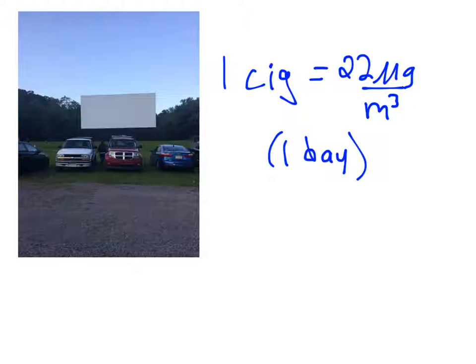In other words, anytime you smoke a cigarette, that's equivalent to being exposed to this level of air pollution for a day, which is higher than the daily recommended. Their article makes this equivalency by looking at the deaths per cigarettes per year and the deaths per air pollution per year, and then compares those two numbers. So that's where they're coming up with that.